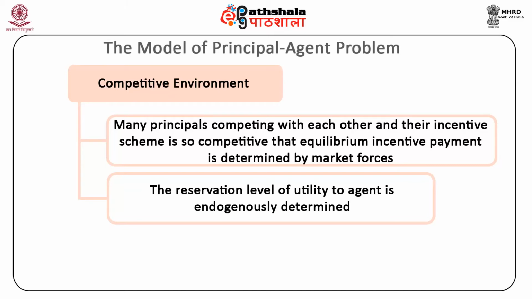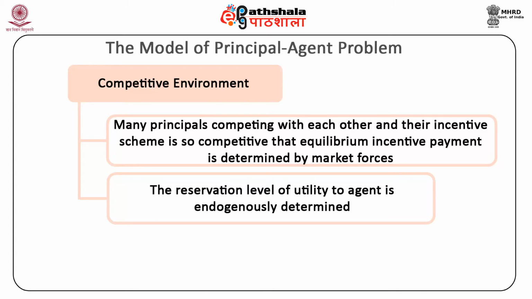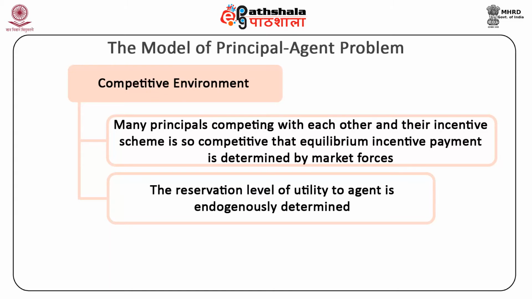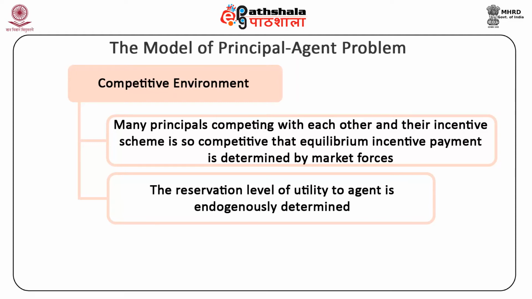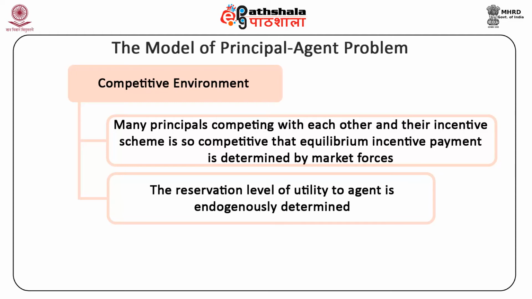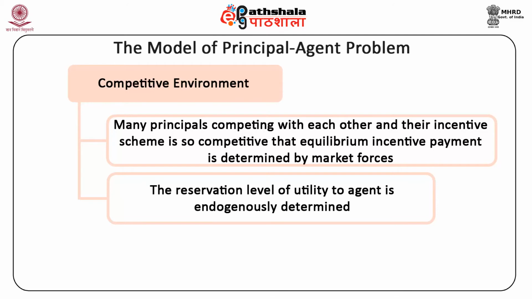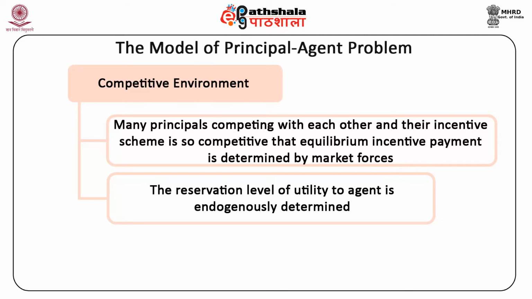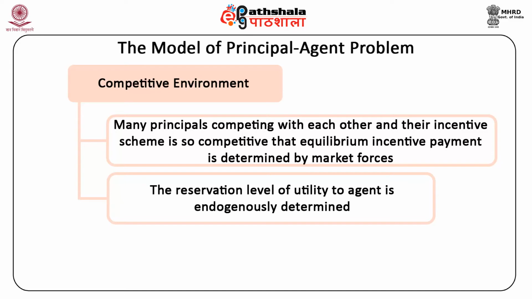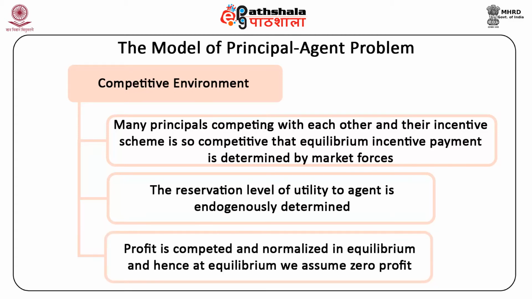Whereas in the competitive environment, the reservation level of utility to the agent is endogenously determined because it depends upon the contracts offered by the other principals. In monopoly environment, profit maximization is the main objective of the principal, whereas in competitive environment, profit is competed away and normalized in equilibrium, and hence at equilibrium we assume zero profit.